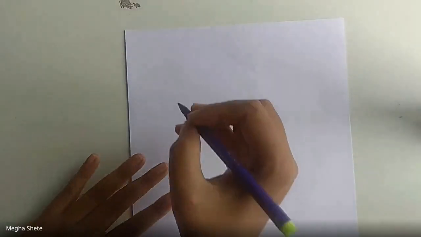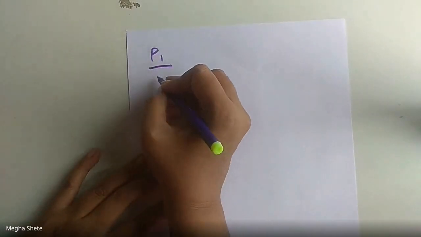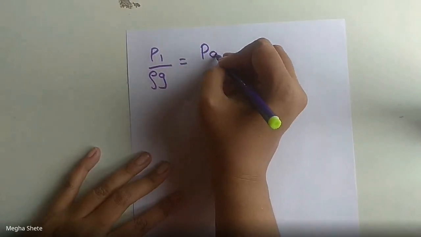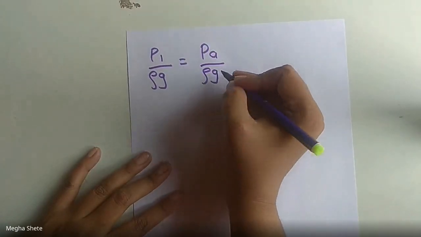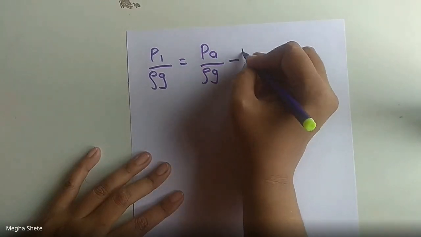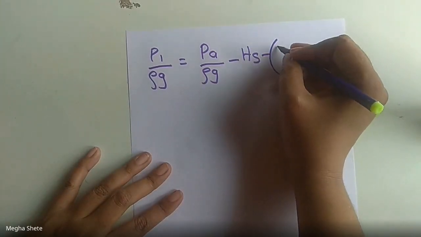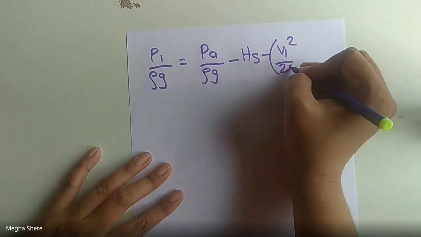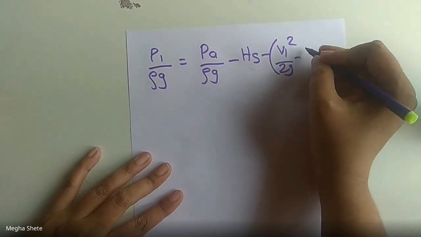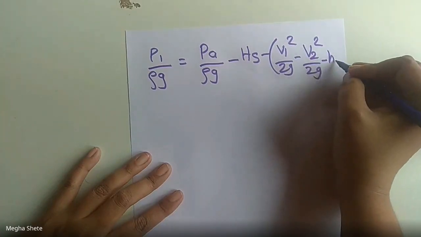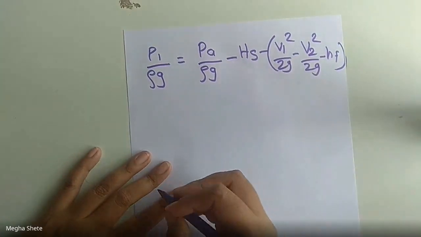Now we have to apply one equation here. P1 by rho G is equal to PA by rho G minus HS minus V1 square by 2G minus V2 square by 2G minus HF.